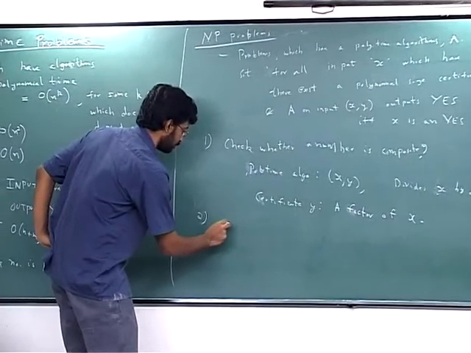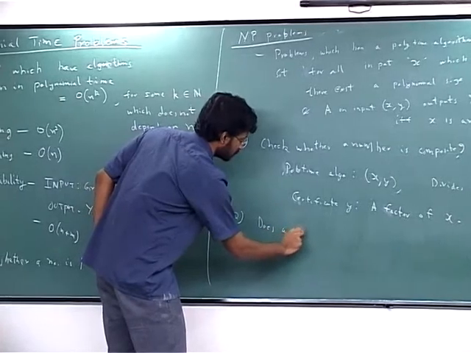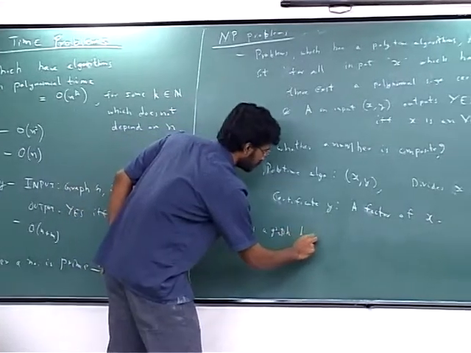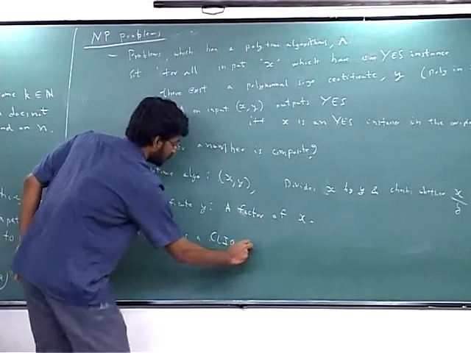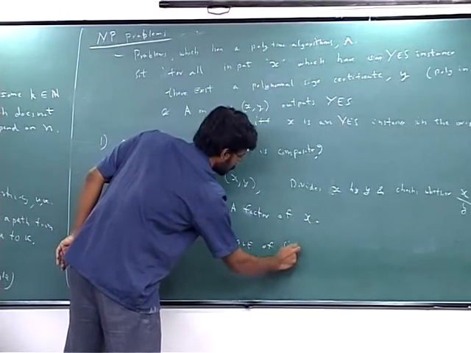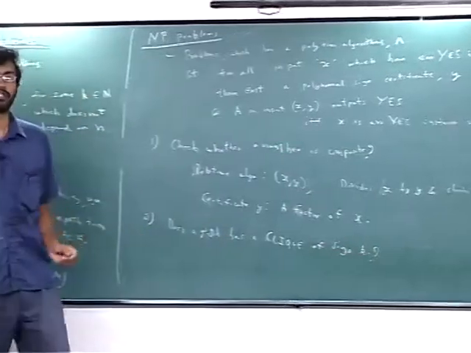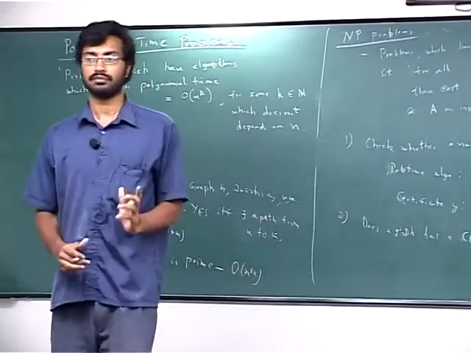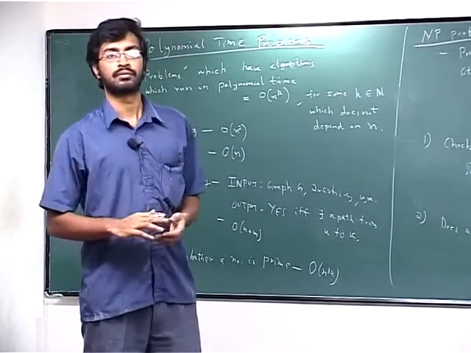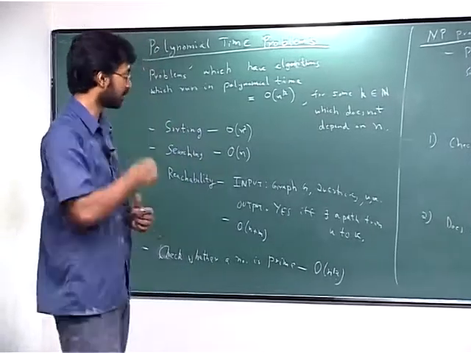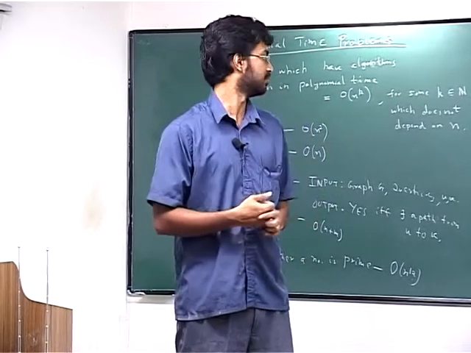Does a graph have a clique of size k? What is the certificate going to be, and what is the algorithm?